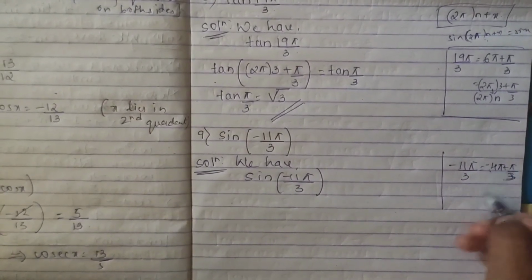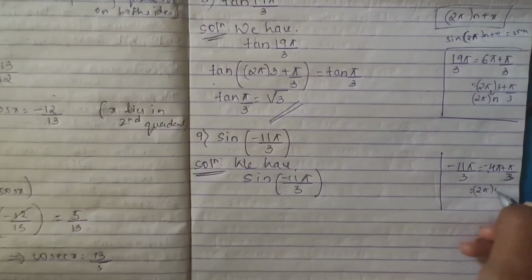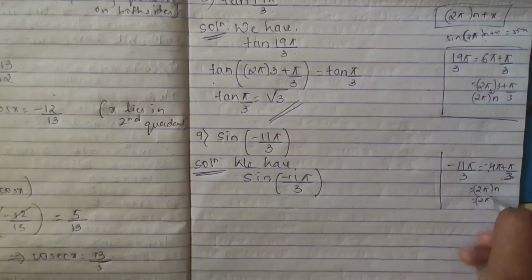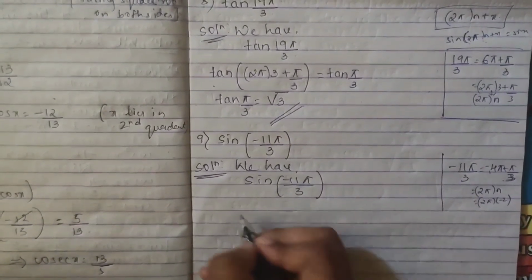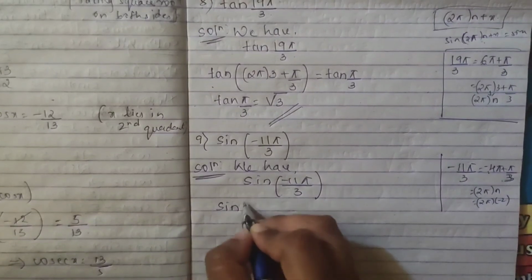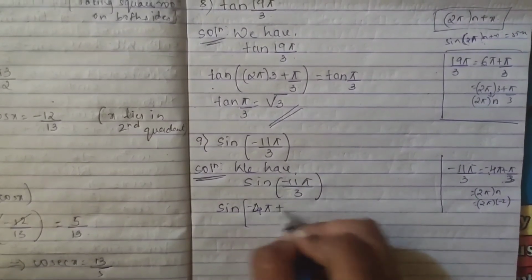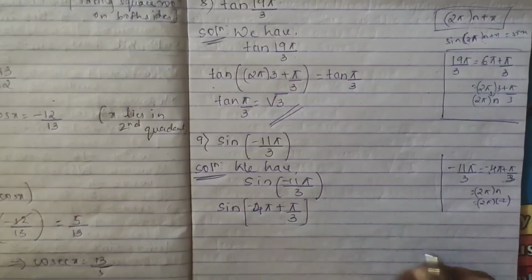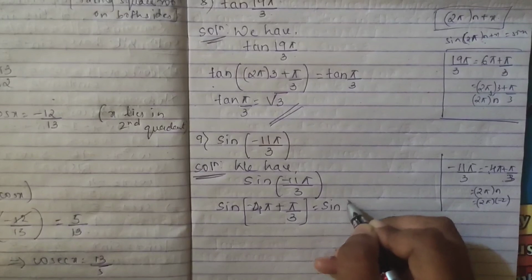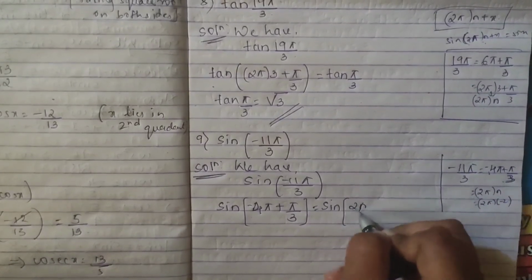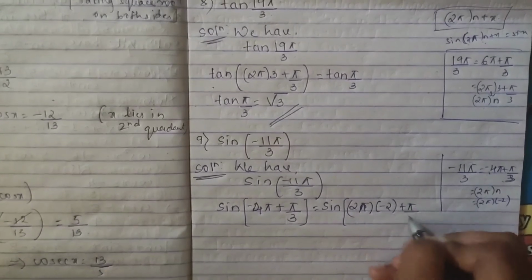This is also a multiple of 2 pi into n only, right? Where your n is minus 2. So I can break this and write minus 4 pi plus pi by 3 directly, or else in terms of 2n multiple, it will be 2 pi into minus 2 plus pi by 3.